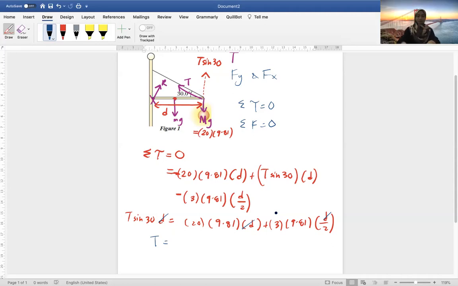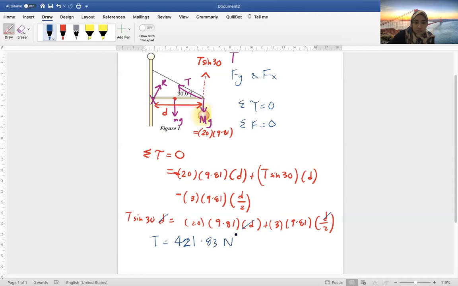Hey. Okay, so what's the answer? What is T? Did anyone calculate? Did you guys get T yet? 41.83.